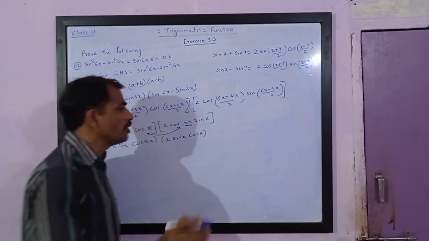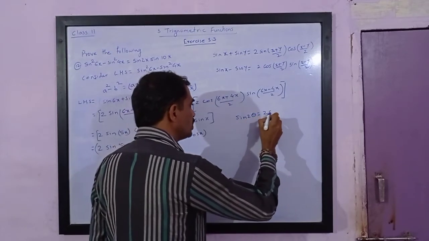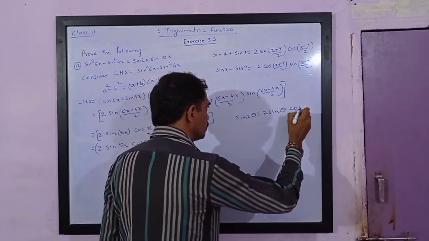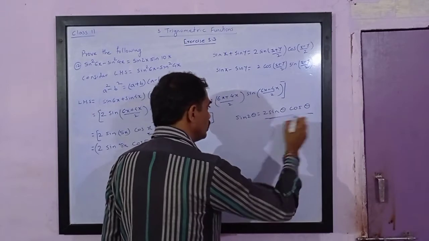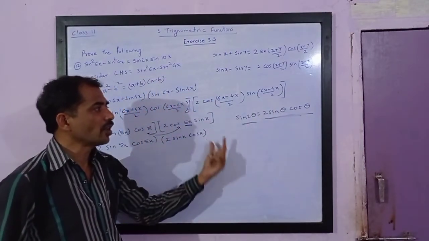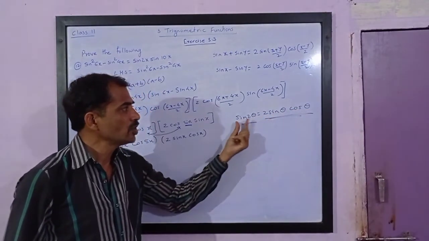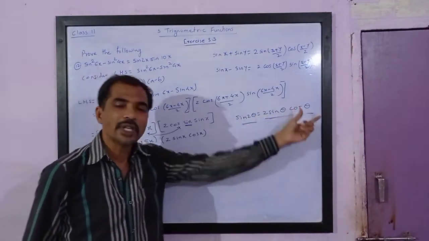Now please note, we have an identity for sine of 2 theta: sin 2 theta is equal to 2 sin theta cos theta. We are going to use the same identity in reverse order: 2 sin theta cos theta is equal to sine of 2 times the angle.